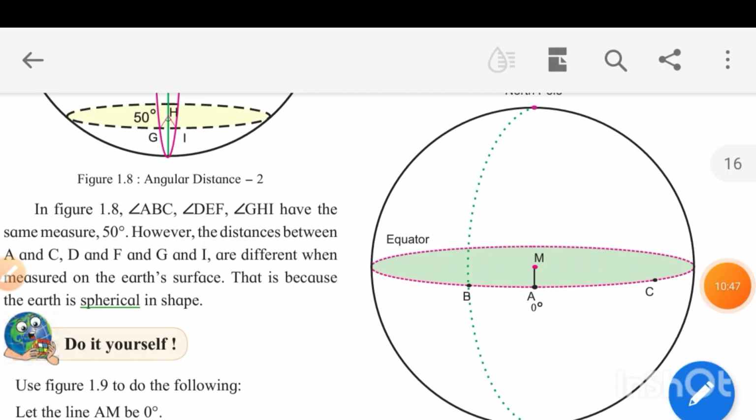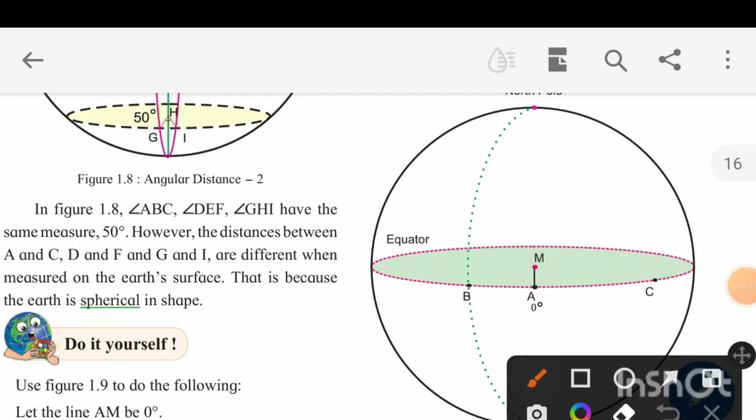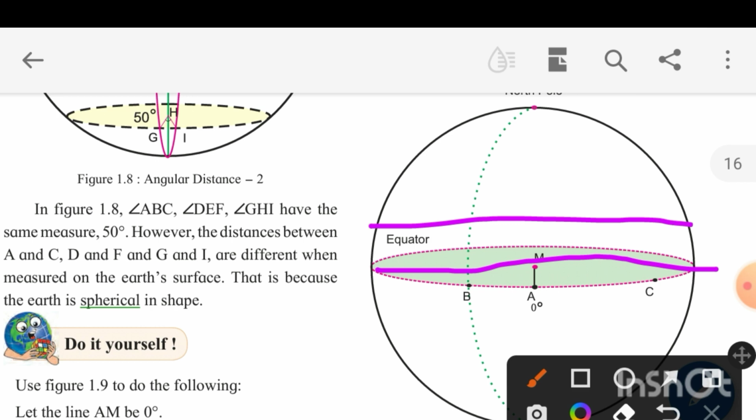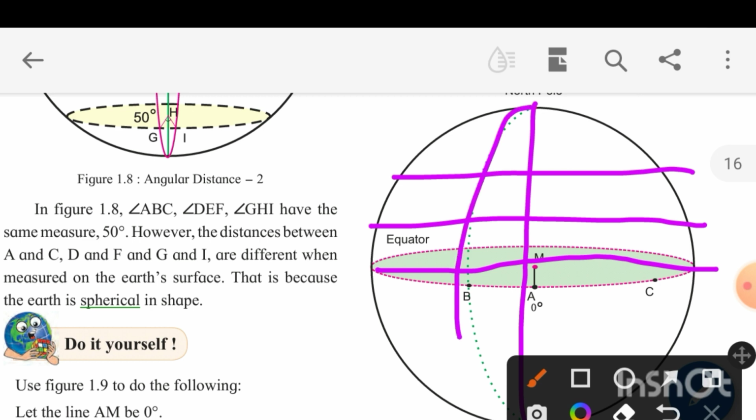It means that if we consider this line as the equator, these latitudes are parallel, right? But what about the prime meridian? If this is the prime meridian, then this one is a semicircle.